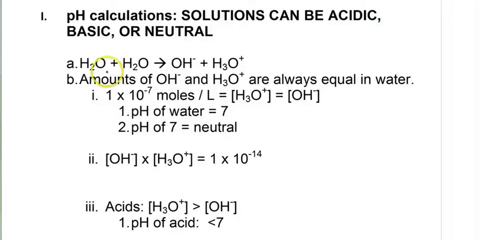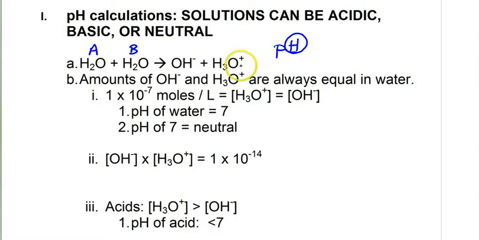And so remember from our first podcast tonight that water can behave as both an acid and as a base. And it will dissociate into, or it will break down into hydroxide ion and hydronium ion. And so pH, again, is looking at the amount of hydrogen ion that's in the solution.